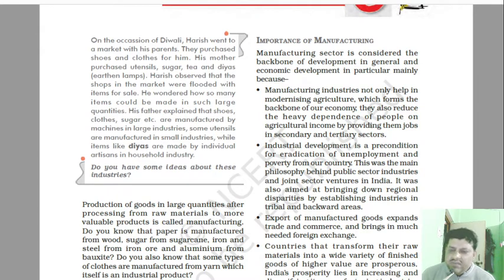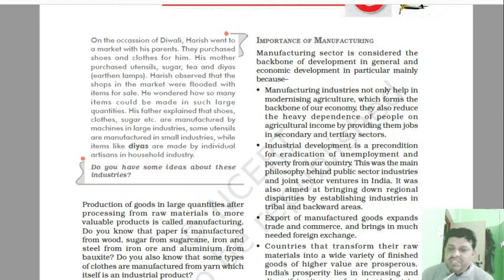So many things we are using in our daily life, and they are being manufactured in industries. This is not out of our sight and out of our mind, but what sort of activity may be called, or what sort of unit, or what sort of place may be described or determined as an industry. That is the first thing which we have to keep in mind.